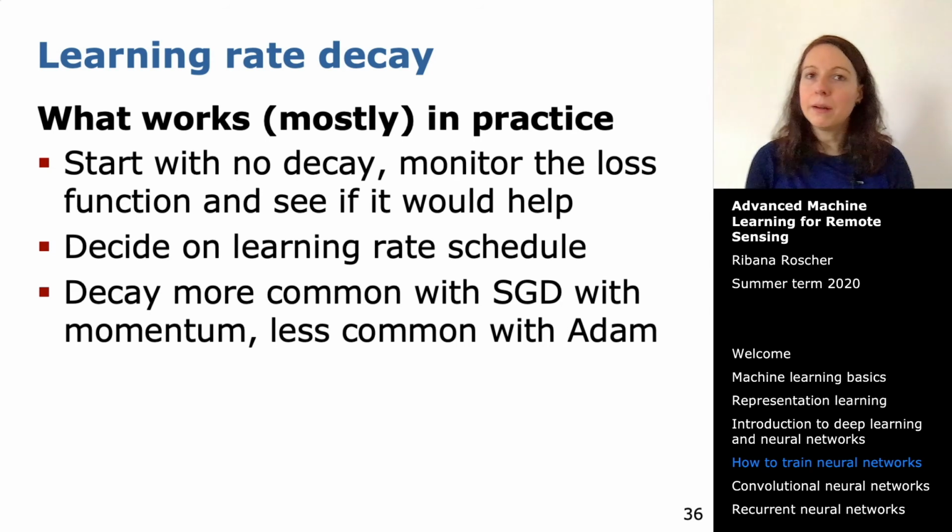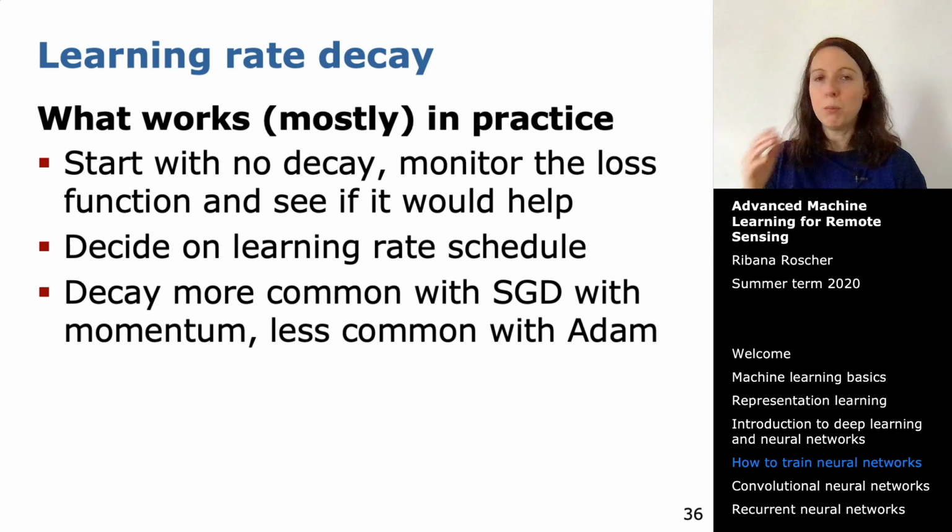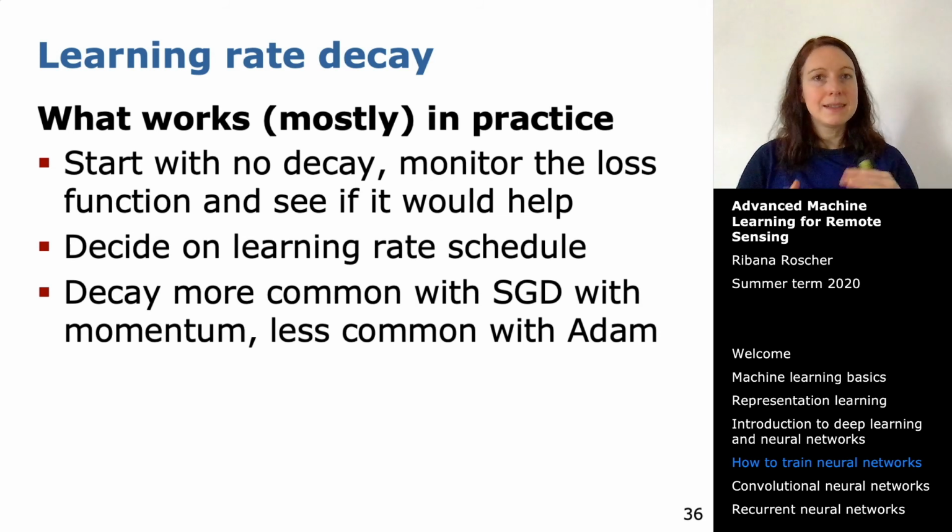Also important to mention: if you use Adam, I told you this is already a combination of momentum and some decay in there. So it can be enough to use the Adam optimizer, such that you do not need any further schedule for a decay of the learning rate. You need to try it out and see what works for your task. But this is what you can do and what you can try.